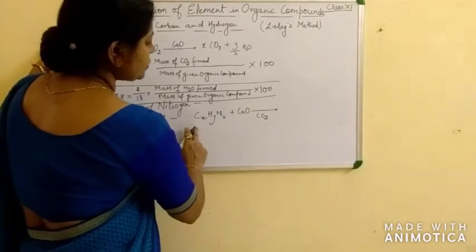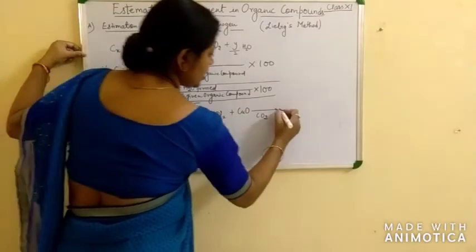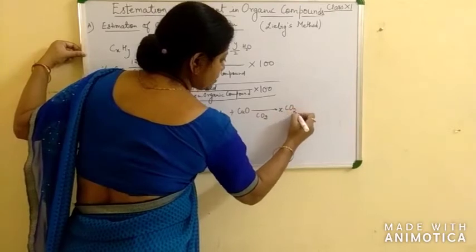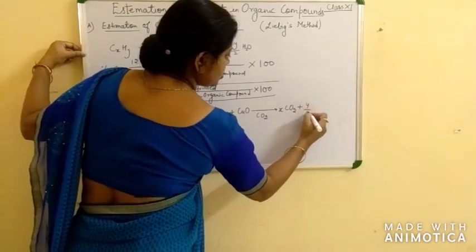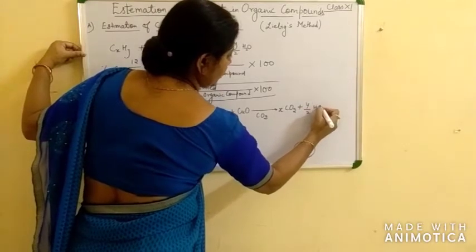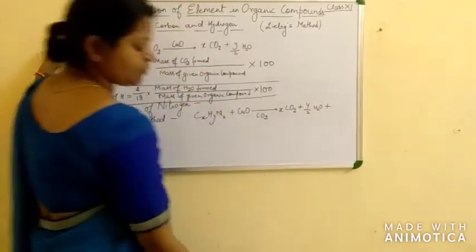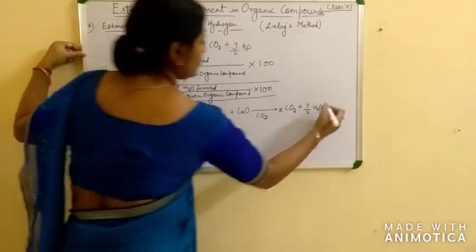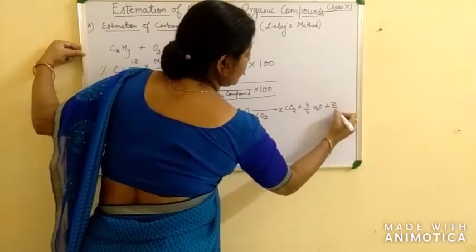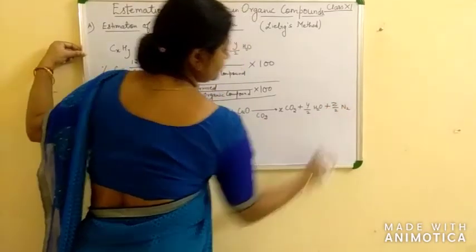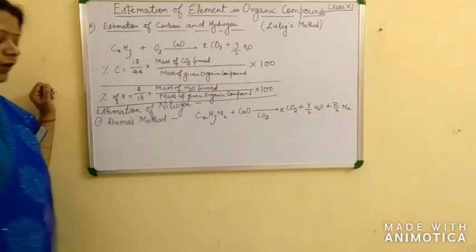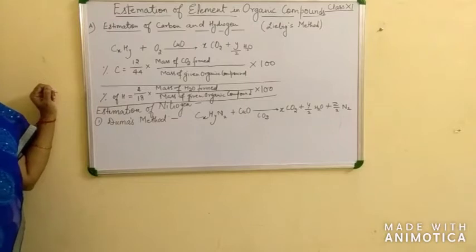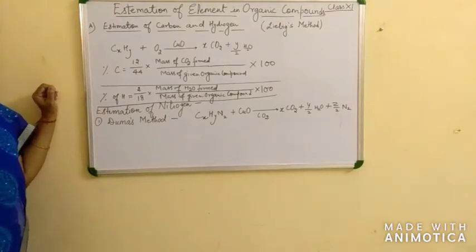The carbon which is present here is changed into carbon dioxide. Hydrogen which is present here changes into water molecule, and nitrogen which is present here changes into nitrogen molecule. So this type of equation we get to estimate the percentage of nitrogen.